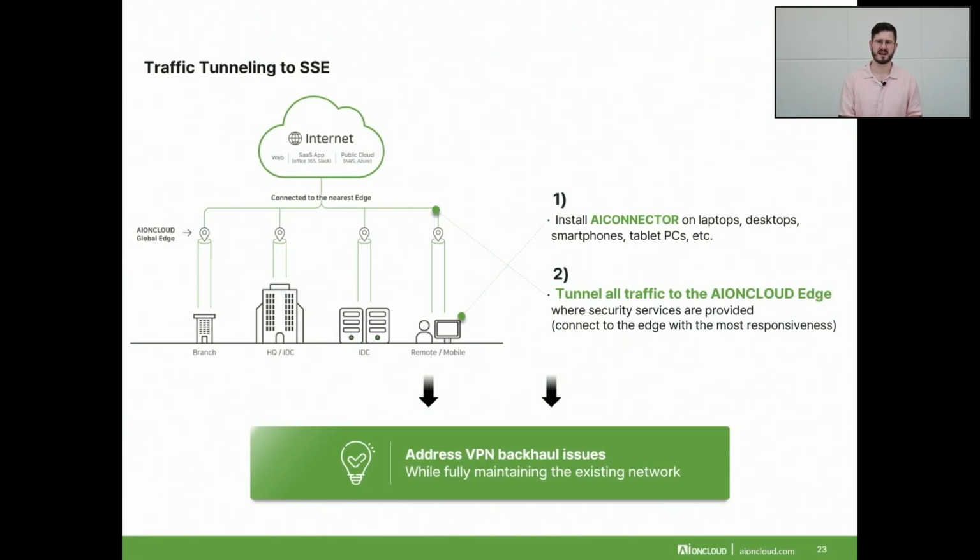So AIONCLOUD SSE uses encrypted tunnels to get users to the edge locations. And to do this, we use the idea of return traffic. Rather than use a VPN that requires an open port where the user connects, when the agent is turned on, it requests access to our cloud servers.